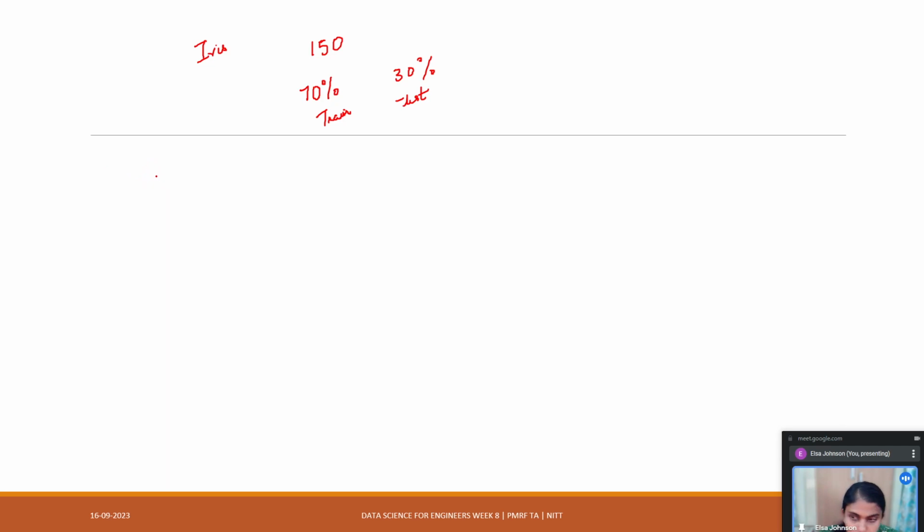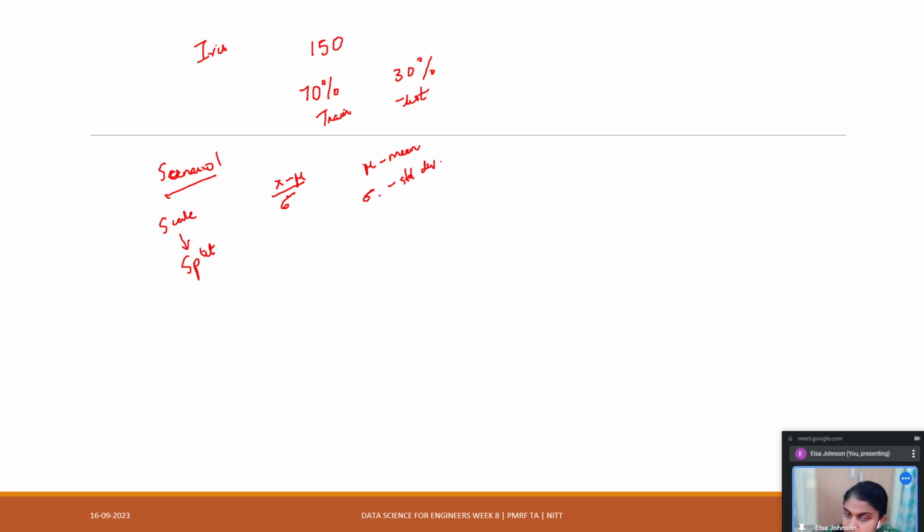Okay, first we will go with scenario 1. Scenario 1 is where I scale the data first and then go for splitting. If you are doing the scaling first, I compute (x minus mu) by sigma for all the columns, where x is the data in that column, mu is the mean, and sigma is the standard deviation.